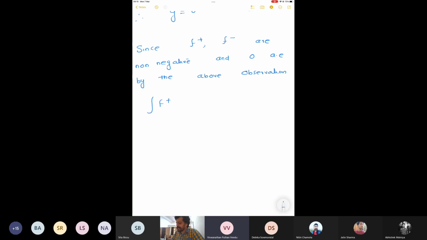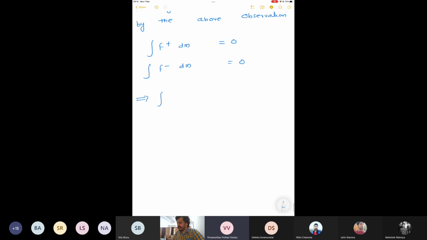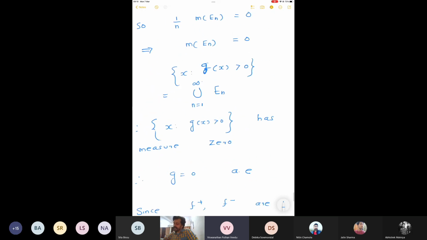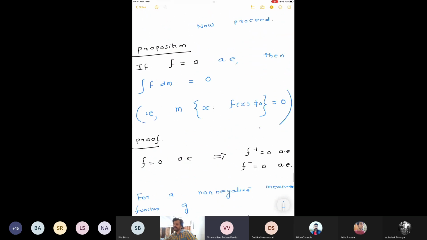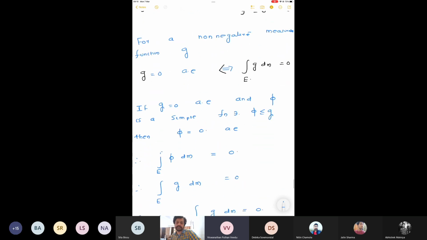Integral over f plus dm would be equal to 0 and integral over f minus dm will be equal to 0. And that will give integral over f dm is equal to 0. Thus, if f equal to 0 almost everywhere, then integral of f dm equal to 0. We don't have the converse. Integral f dm equal to 0 will not imply f equal to 0 almost everywhere. That is true only for non-negative functions.